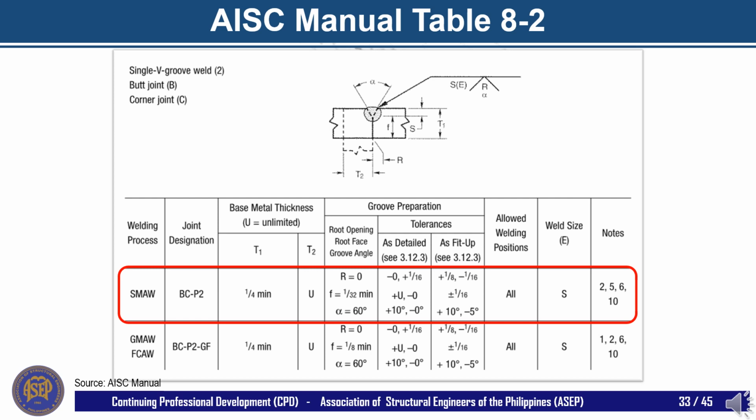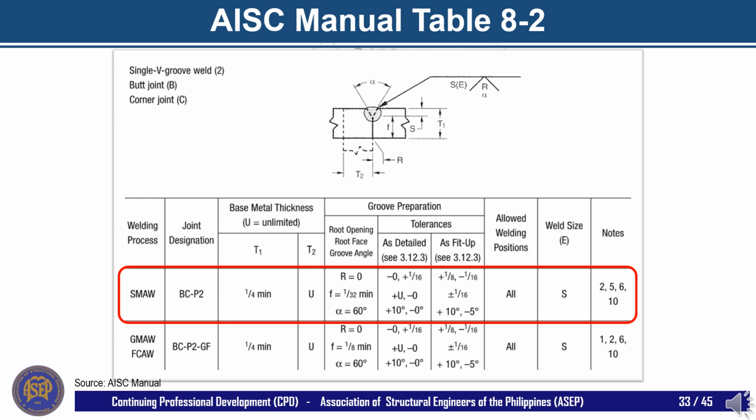Table 8-2 of the Steel Manual gives a number of pre-qualified PJP welded joint details. The table provides joint geometries such as root openings, angles, and clearances that will permit the deposition of sound weld metal.